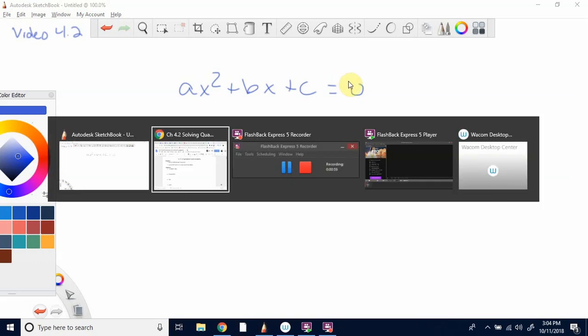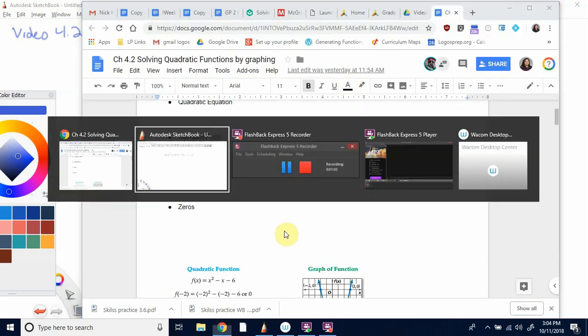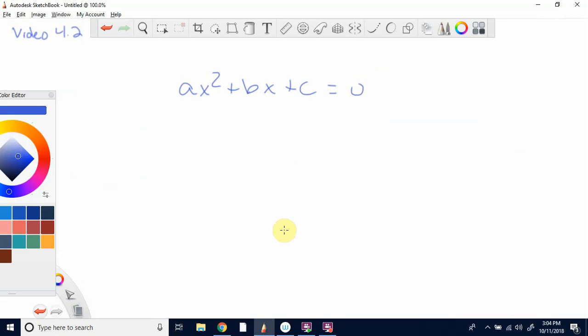The next two words are important, but you need to really understand what they mean. So we have roots and zeros. A root is just a solution of a quadratic equation. Zeros are a method for finding the roots of a quadratic equation by setting it to 0. They are also called the x-intercepts of the graph.